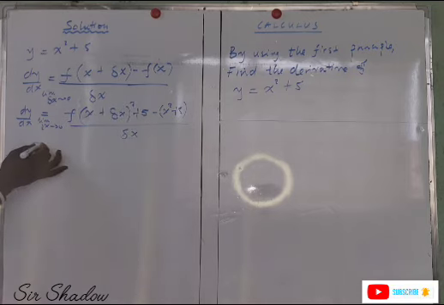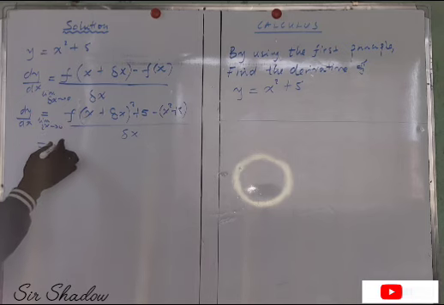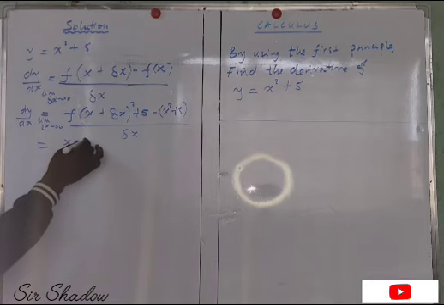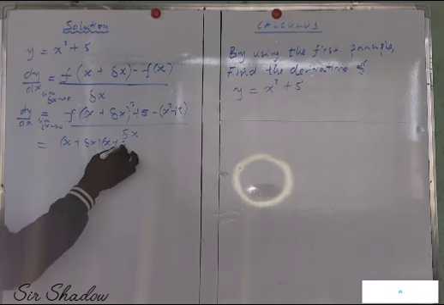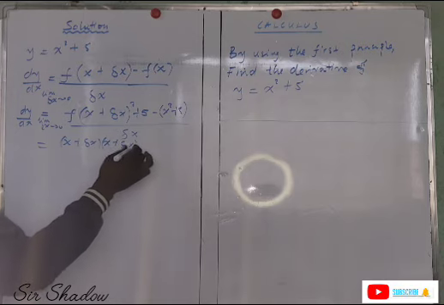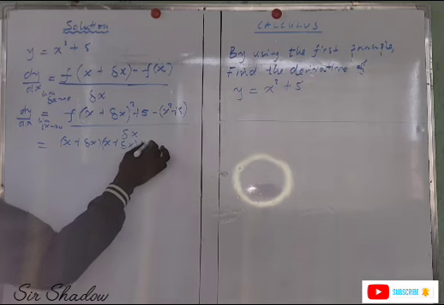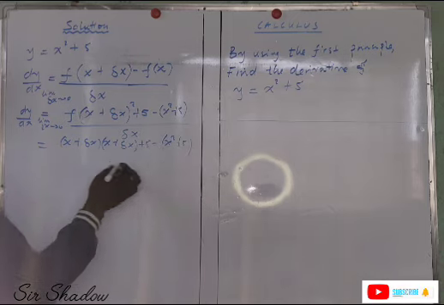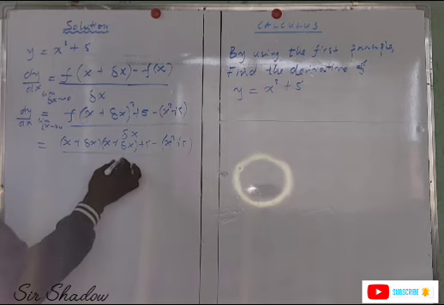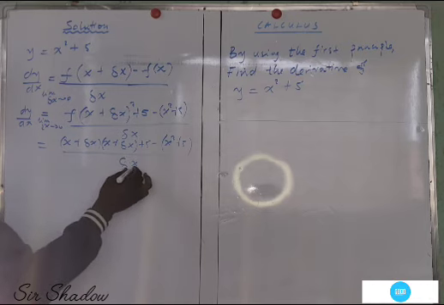What you have to do now is expand this one. Expanding, it becomes x plus delta x multiplied by x plus delta x, plus 5, subtracting the original function, which is x squared plus 5, all over delta x.